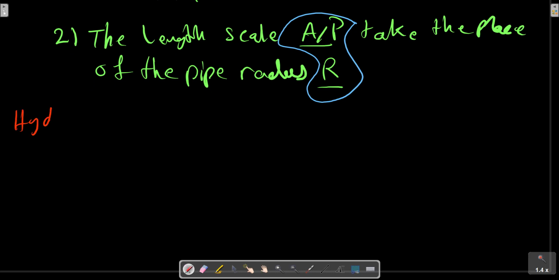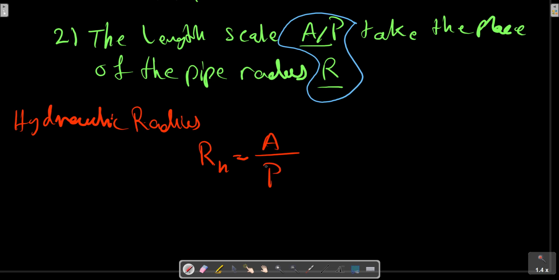hydraulic radius R_H equals A on P, which is the cross-sectional area on wetted perimeter.